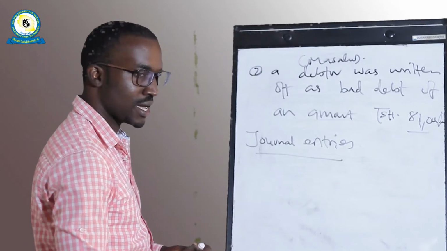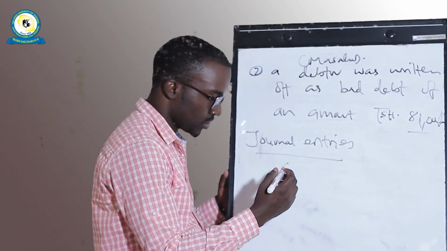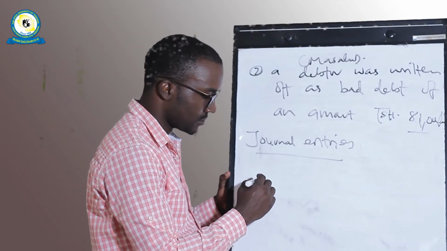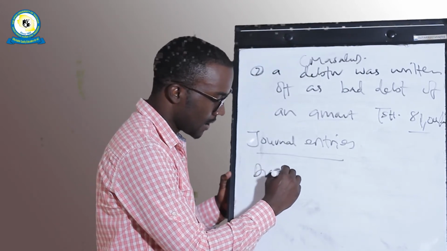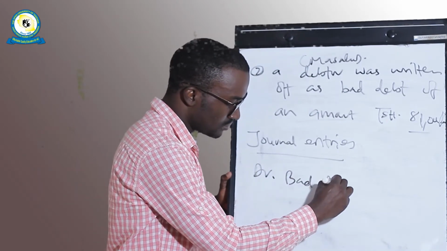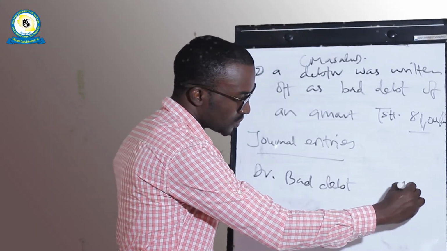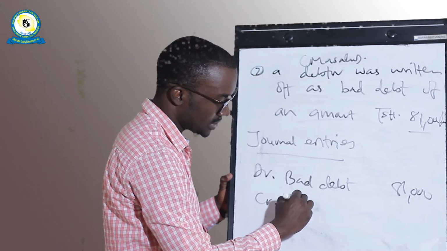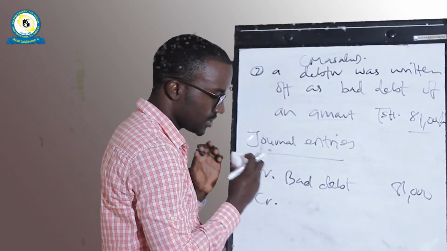Simply, we were having a debtor, Masaru, so we are going to debit the bad debt account of an amount 81,000, and then we are going to credit Masaru, our debtor here.